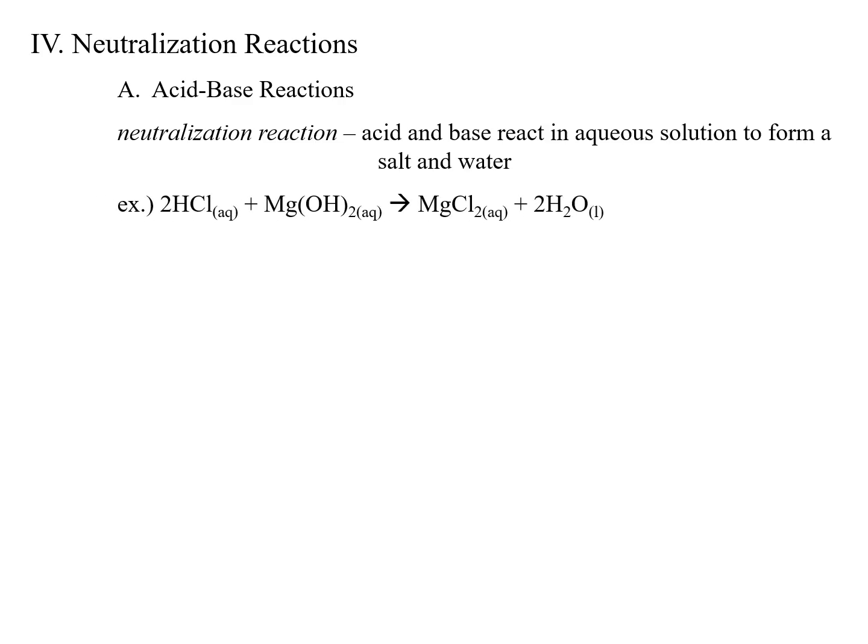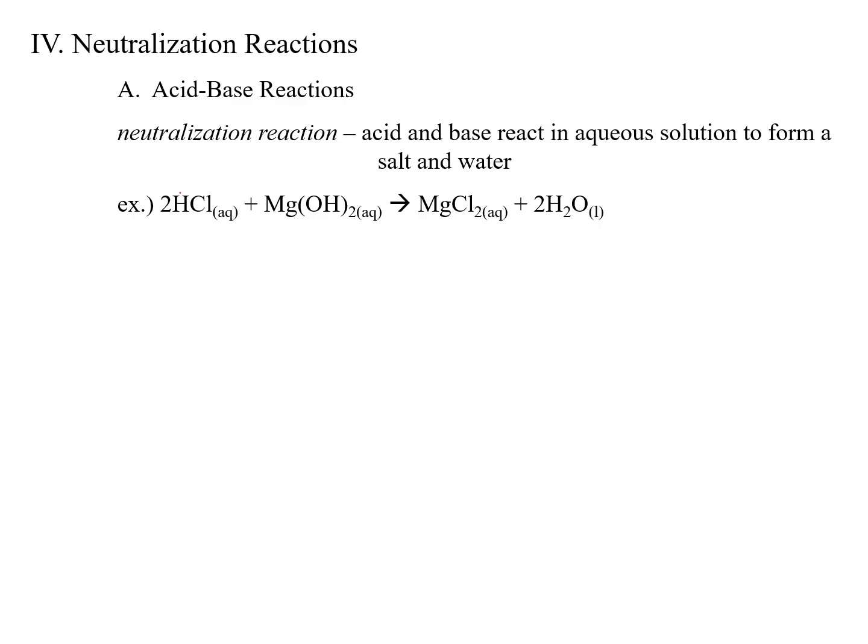So again, let's look at an example of this. You can see in the example here, we started off with some hydrochloric acid, HCl, and we added some magnesium hydroxide, Mg(OH)2. Then we essentially are doing a double replacement reaction, where they're switching partners, if you remember your reactions from a while back.